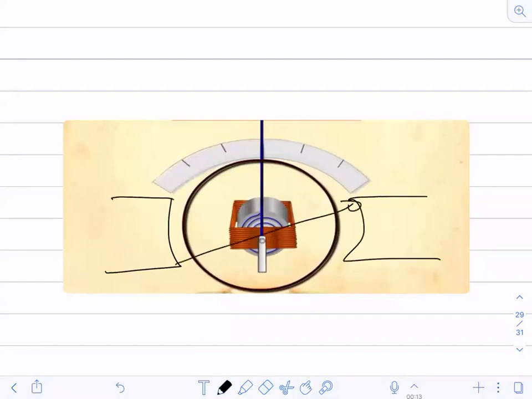Can you visualize it now? This kind of field is called a crossed field.